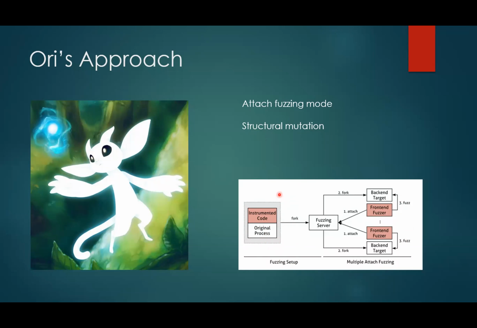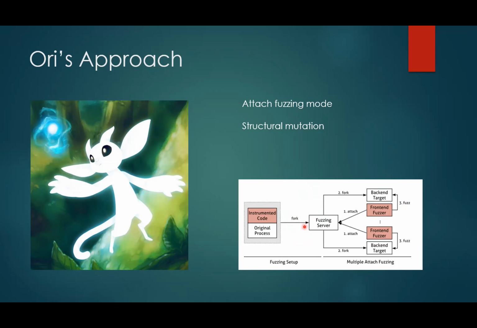Unlike previous gray box fuzzers, where the life cycle of the target program is managed by the fuzzer, we want to run multiple test instances in parallel, so we separate the life cycle handling out of the fuzzer's logic.